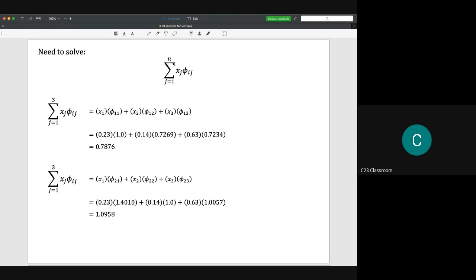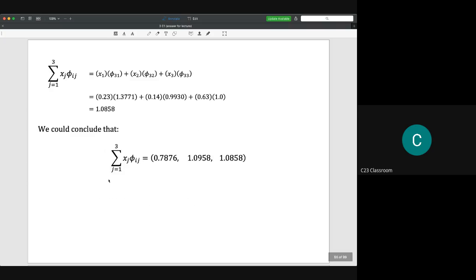The sigma here means the summation, the total. We have x j, where x j means x1, for example. Then we need to get x1 phi 11 plus x2 phi 12 plus x3 phi 13. We calculate all of these and add everything together.